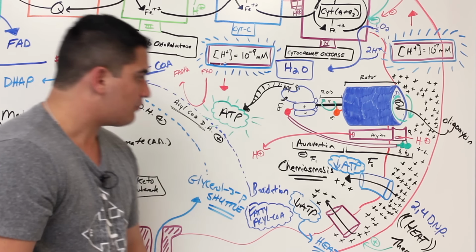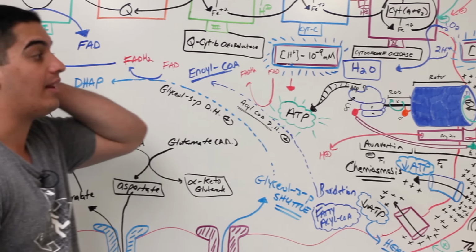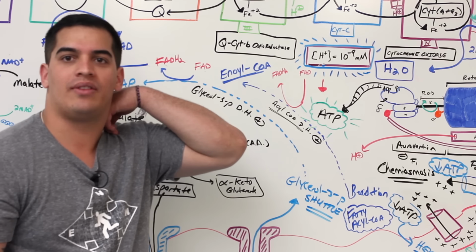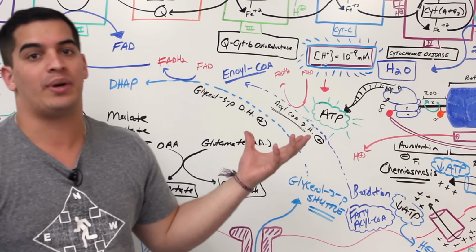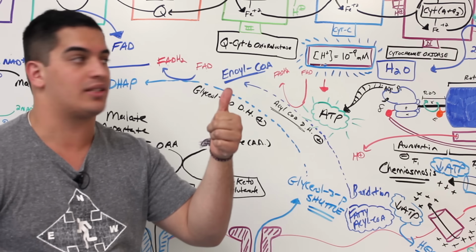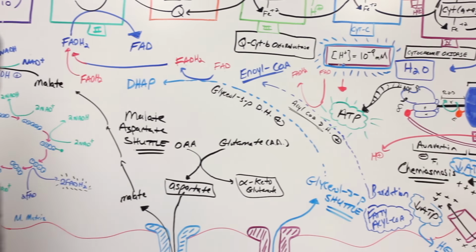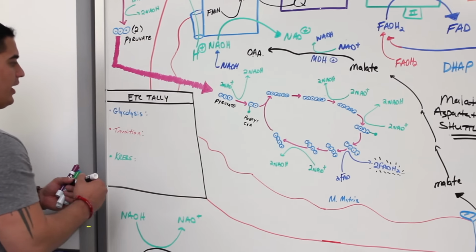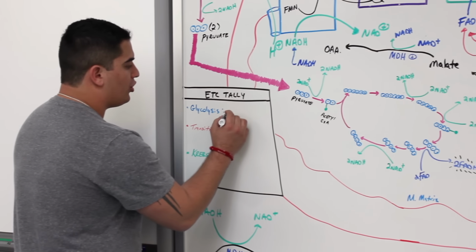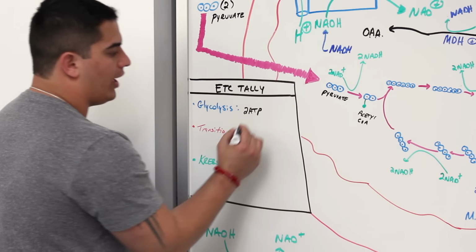All right. What we're going to do now is we're going to tally up everything. Let's go ahead and tally up all of the actual energy that's going to be produced from the electron transport chain, considering all of the reactions that we've done so far, starting with glycolysis all the way to this point. Okay, so from glycolysis, what were you actually generating out of this? Well, you were generating 2 ATP, right? From what?